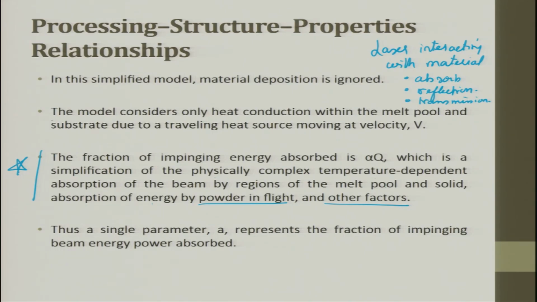The laser, when it interacts with material, it can undergo anything: it can absorb, it can reflect, or it can transmit and go. So, we have to find out what is the ratio, and this absorptivity, the light interaction absorptivity, it depends from material to material, it is not a constant, and also it depends on the wavelength of the laser. So, thus a single parameter A represents the fraction of impinging laser beam power absorbed.